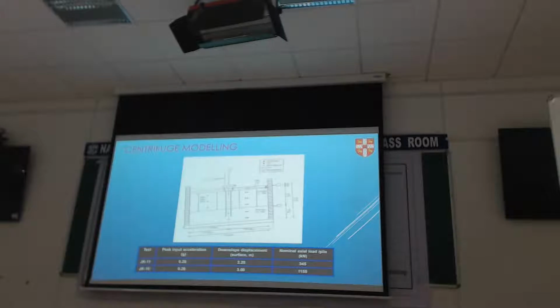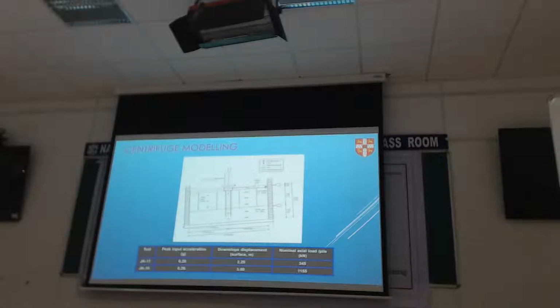Now, two different combinations were tried. One is when the axial loads are fairly light. So this is axial load per pile. You're talking about 345 kilonewtons prototype. Or another heavily loaded case where you got 1,155 kilonewtons per pile.